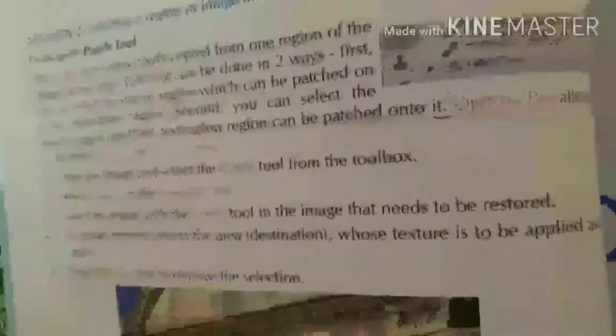Now I explain how to patch an image. First select the image you want to patch. Then go to the toolbox and select the patch tool. Then select the source option in the options bar.